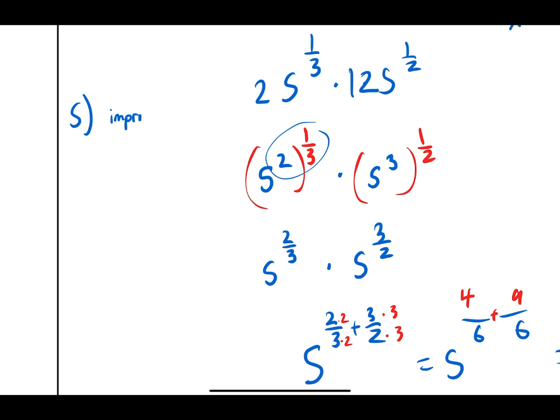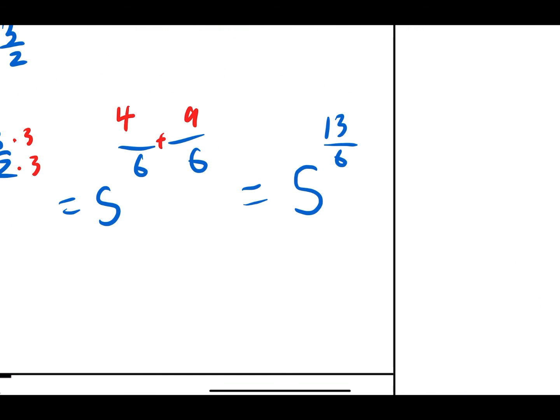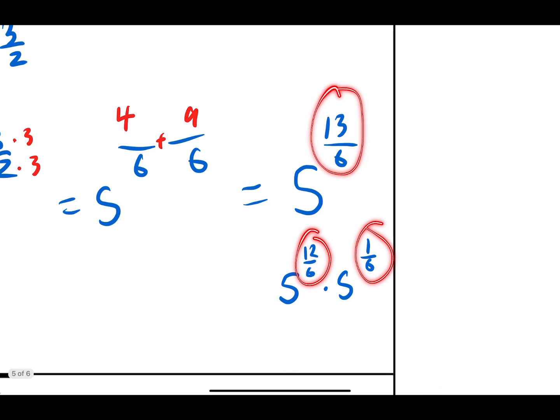If you have an improper fraction as an exponent, resolve it. Now, how does this look as a fraction? How many 6's fit in 13? 2 of them. In other words, 12. So this is really 12 sixths plus an extra 1 sixth. That makes our 13 sixths.